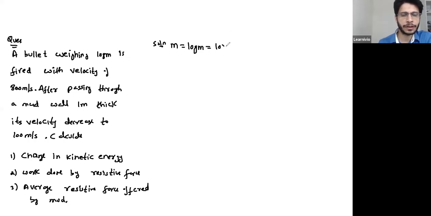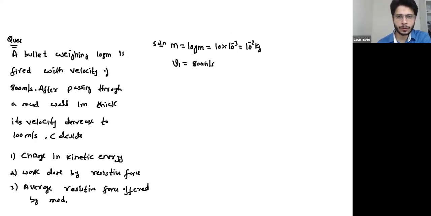So it's basically 10 into 10 raised to the power minus 3, which is 10 raised to the power minus 2 kg. This is the mass of the bullet. The initial velocity of the bullet is 800 meter per second.